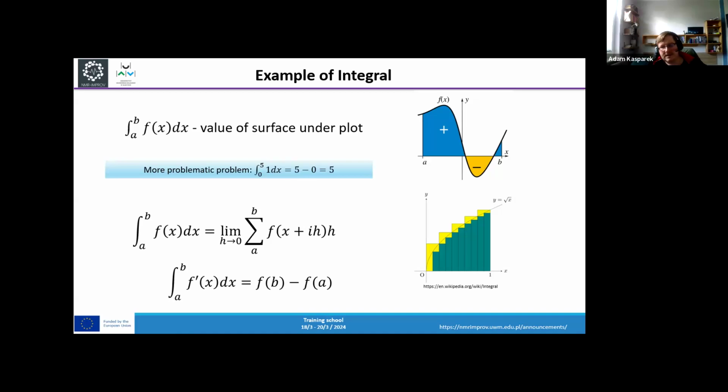So obviously the value of this function is simply 5, and of course we can do it from this.